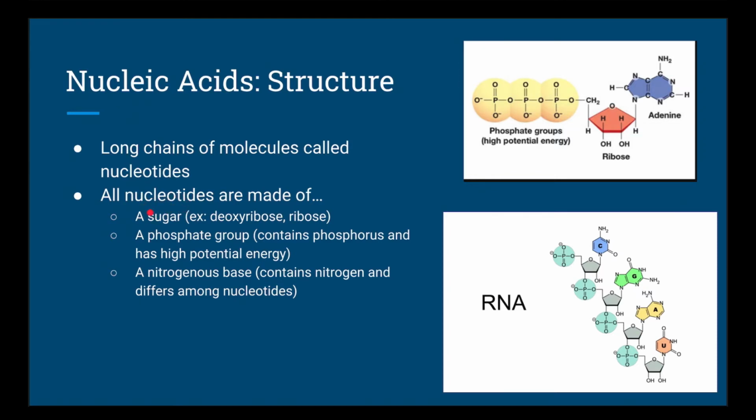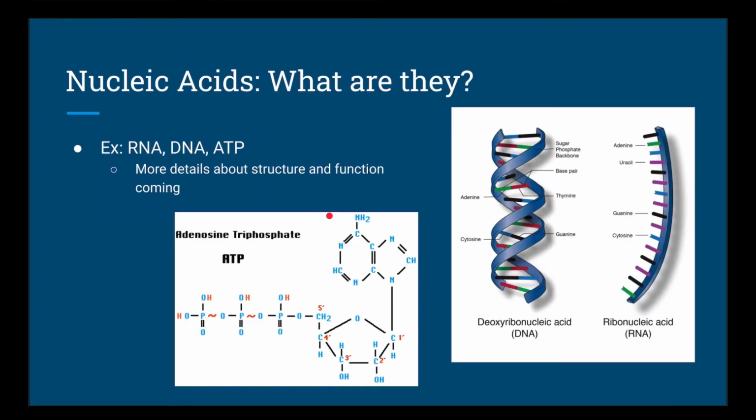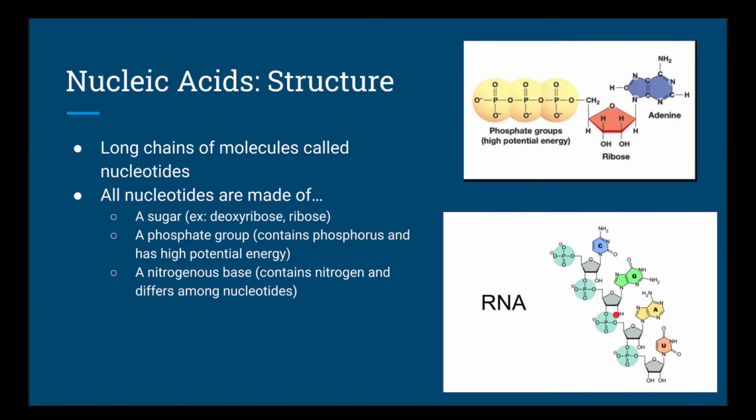So we have a sugar component inside of a nucleic acid. And this sugar, for example, can be deoxyribose, ribose, and these are the sugar aspects of things like DNA and RNA.